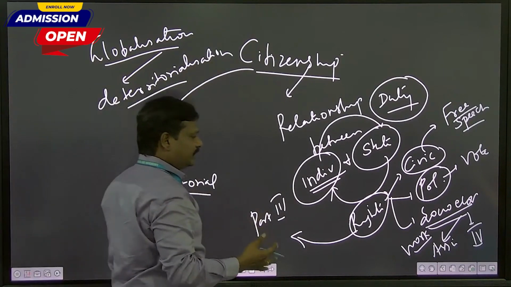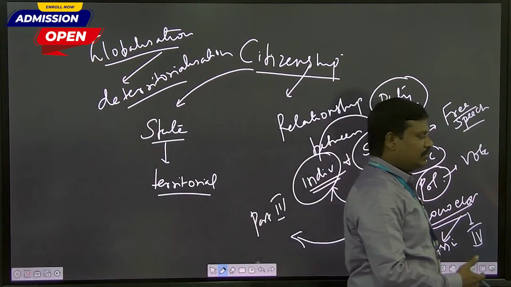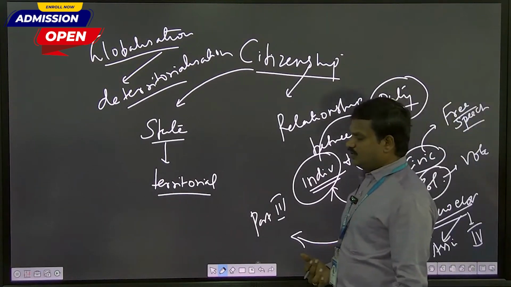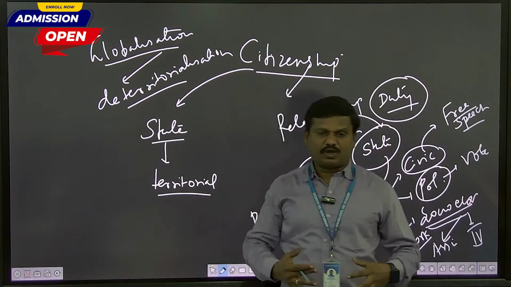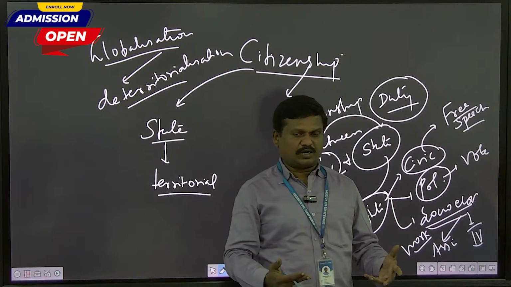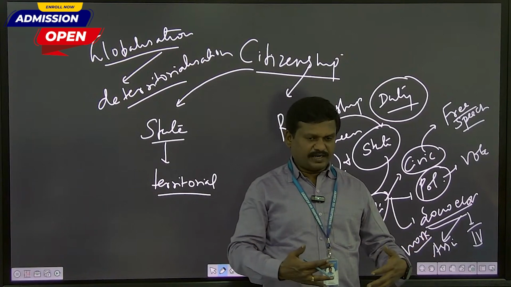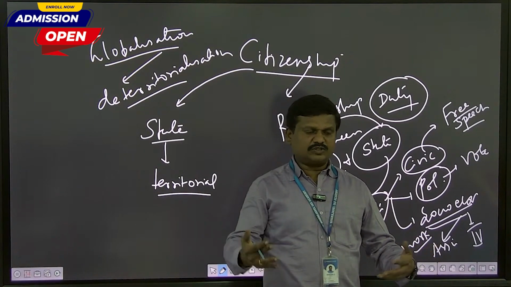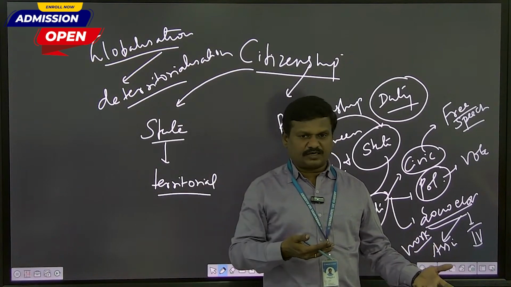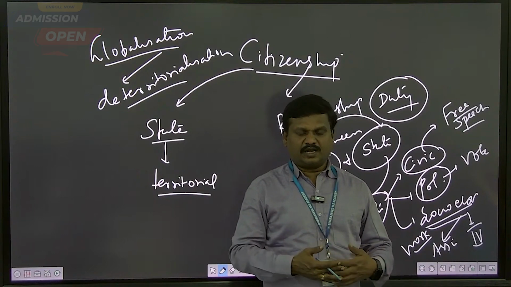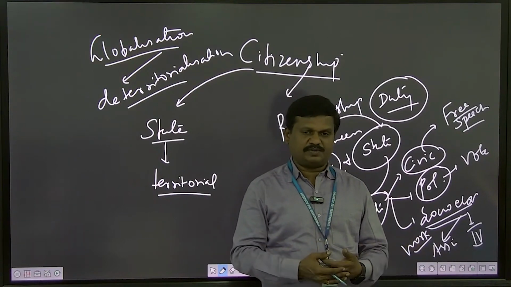Free trade is happening beyond the territorial border. Migrations are happening. So, unlike in the past where you couldn't move across the border, today everything is connected. Free trade is there. Goods produced in one place can be distributed in another place. People can freely move from one country to another country. Air travel has become very cheap.